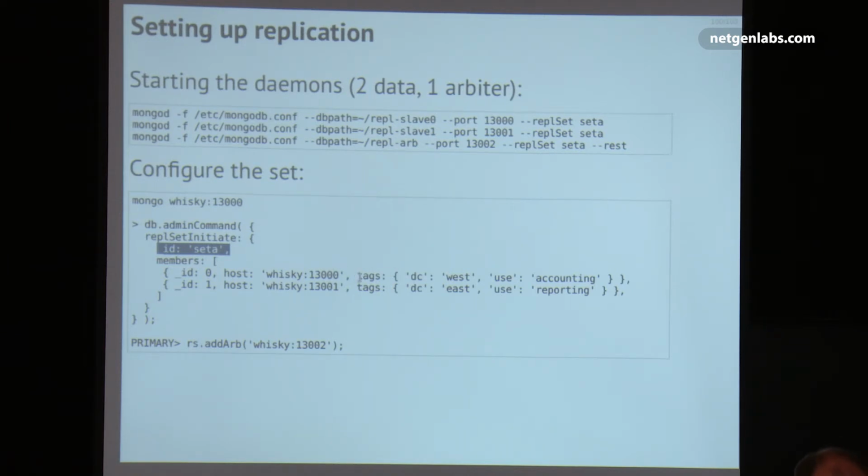And I will ignore the tags for now, because that requires another half-hour of explanation. Then we have another node called ID2, which is my other node, so at this moment there's a two-member replica set. And the last one is adding an arbiter. After you've done this, you have a replica set environment, and it works pretty well.